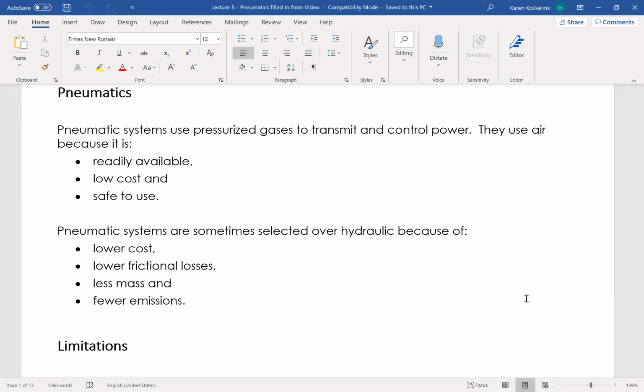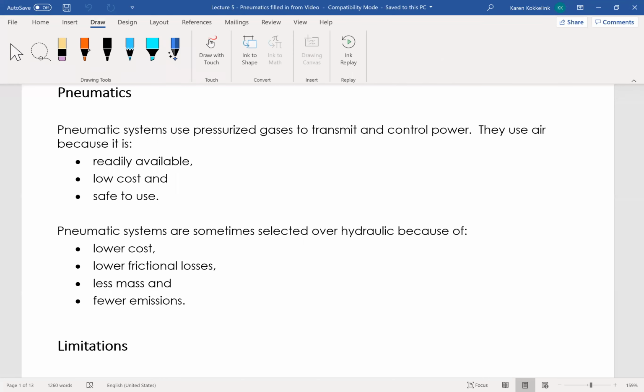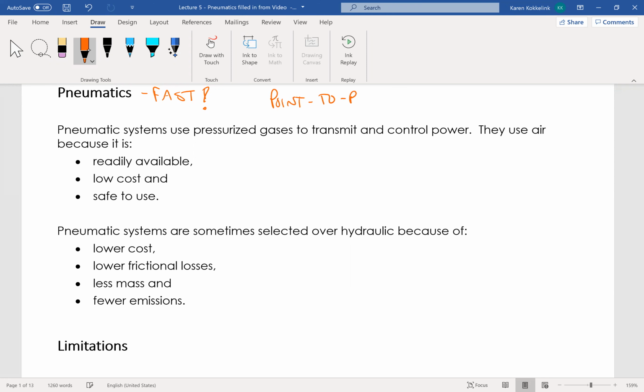Air is readily available, low cost, safe to use. There are no frictional losses, less mess, no emissions, and they are fast. So I'm going to add on here: fast. So when will you use a hydraulic? For a slow application where you need really high forces. When will you use pneumatics? The application for pneumatics is point to point.